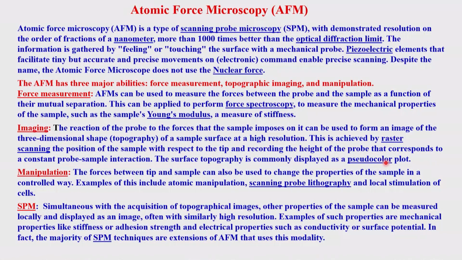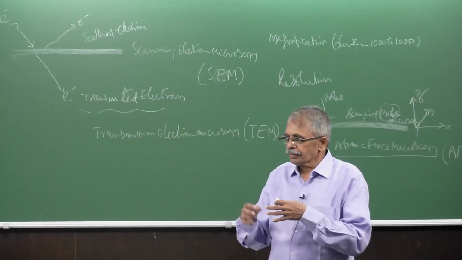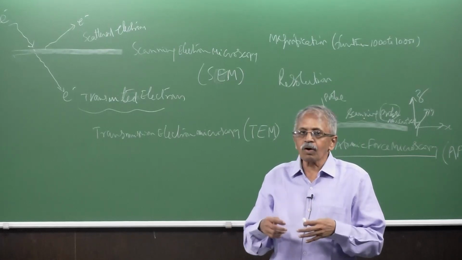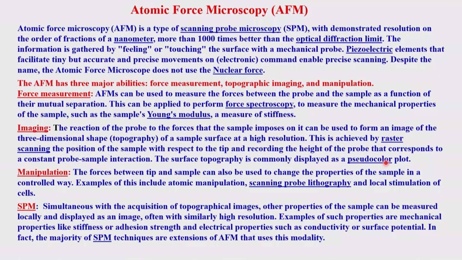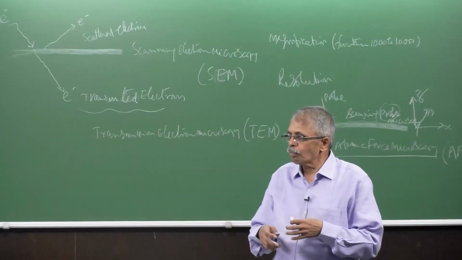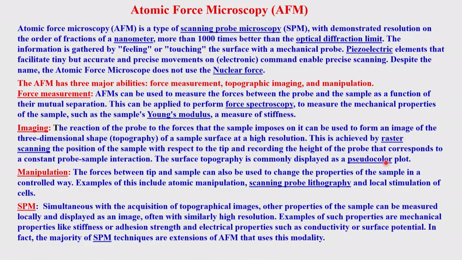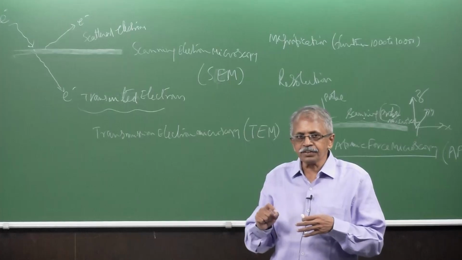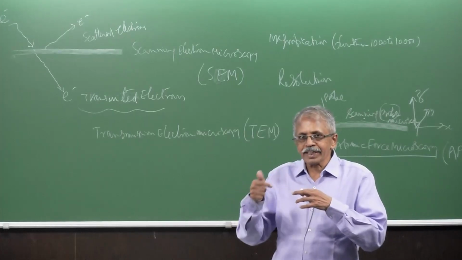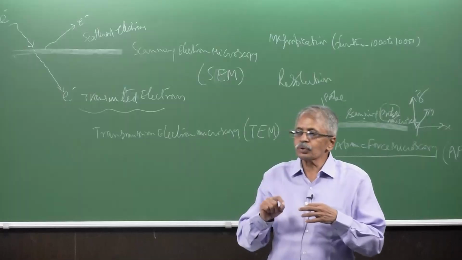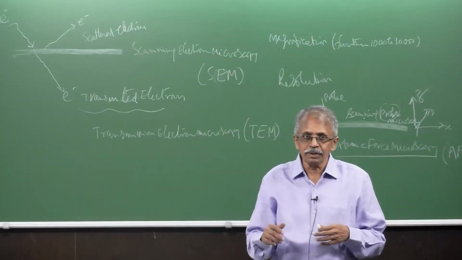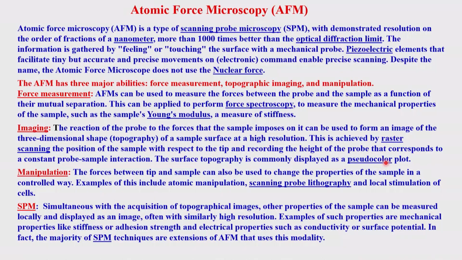This will give basically a feel of a touch of the surface. So you can study a lot of parameters, and it is a kind of mechanical probe, and you can use some kind of piezoelectric connectivity to this probe, to this technique, and therefore you can use a variety of methods, which I will come to a little later.